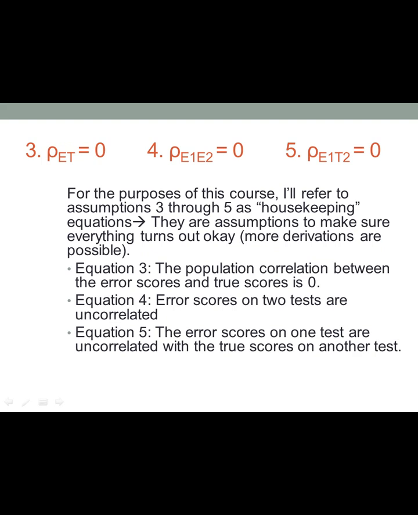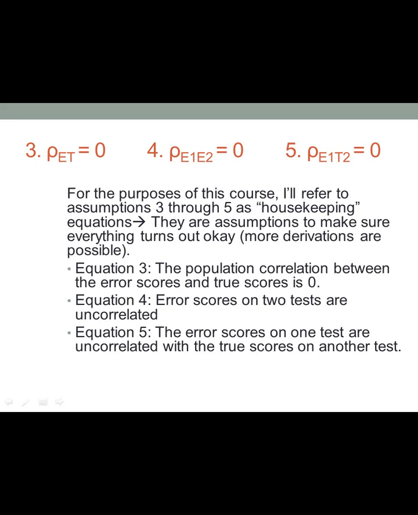Now I'm going to deal with the last 3 as a group. Number 3 states that the population correlation between an error score and a true score is 0. Number 4 states that the population correlation between an error score on one test and an error score on a second test is 0. And assumption 5 is that the population correlation between error scores on one test and true scores on a second test is 0.